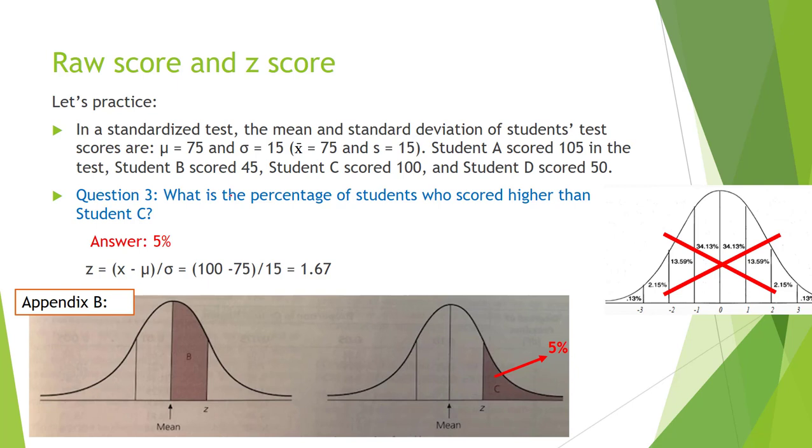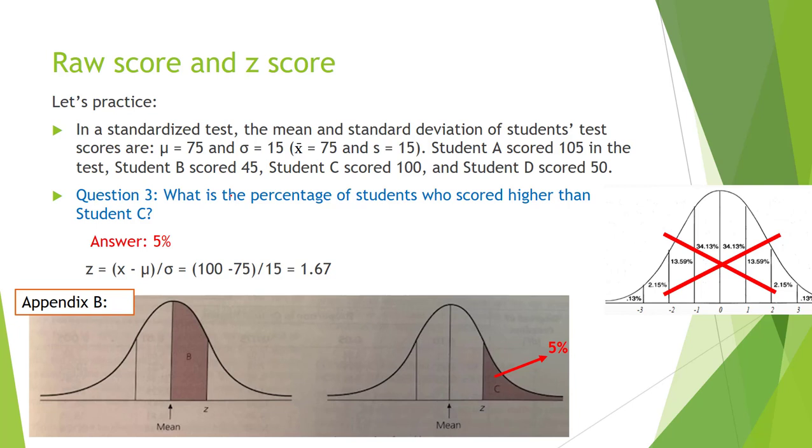If you go to Appendix B in your textbook, the table on that page gives you 3 columns. One is the z-score.